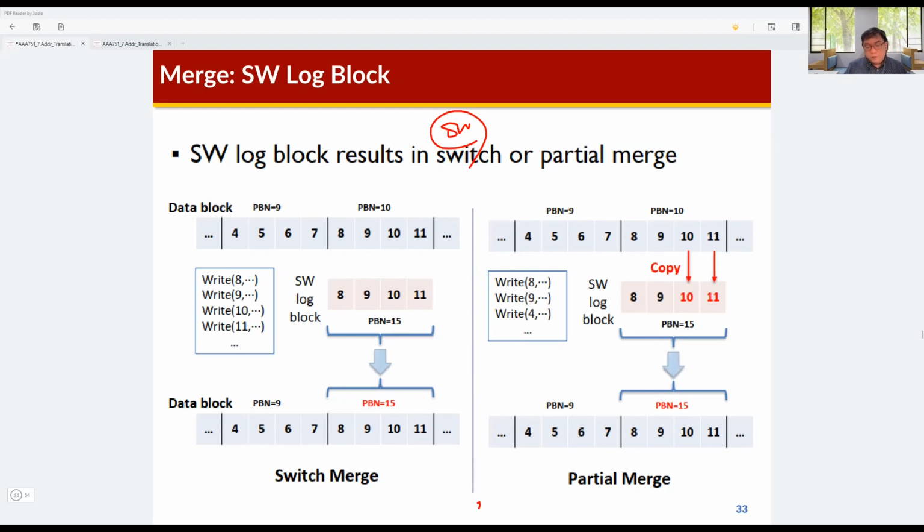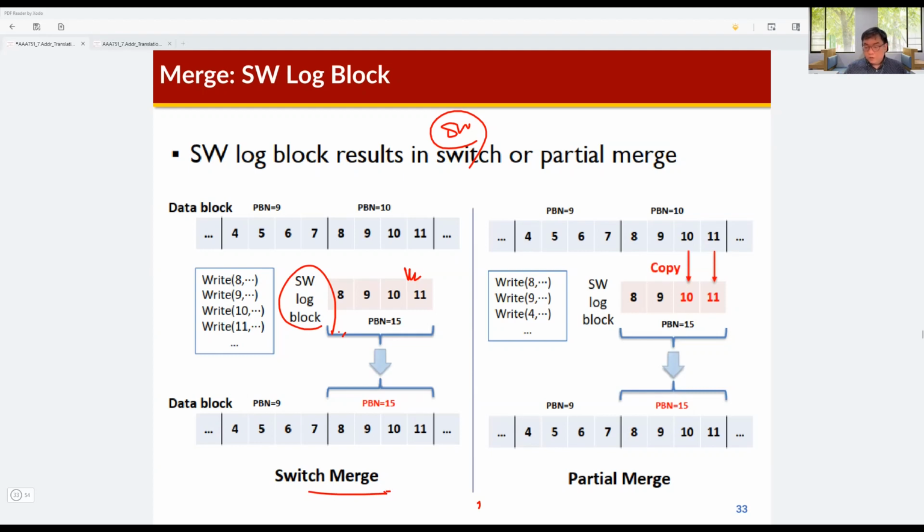If all pages of this sequential log block are written sequentially, then we can just switch the block mapping information to this sequential write log block. It's called the switch merge, and this is very simple.